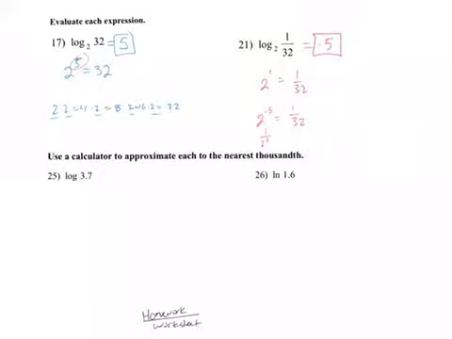Alright, now these next ones say use a calculator to approximate each of these. And your calculator will have a natural log or logarithmic function on there, or a common log.